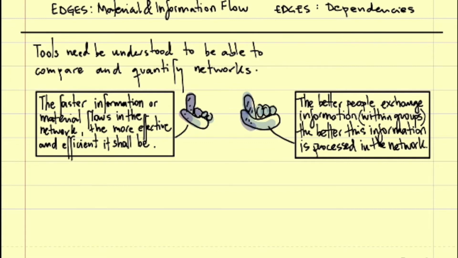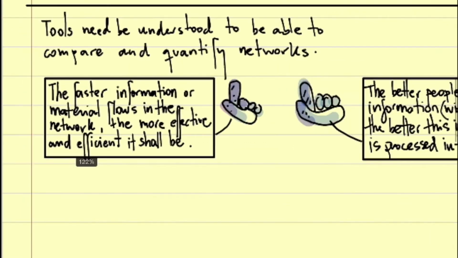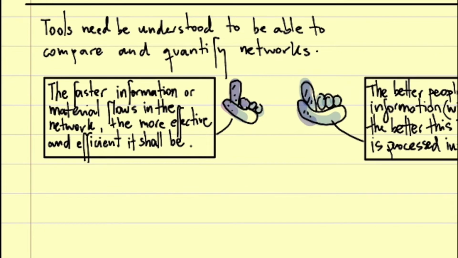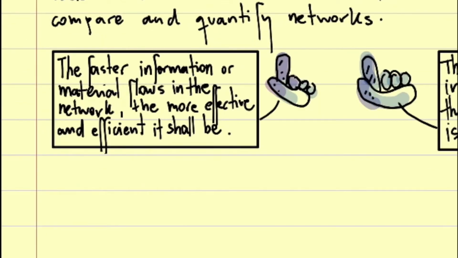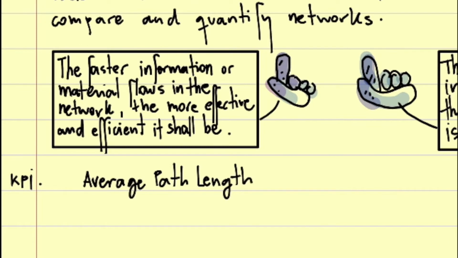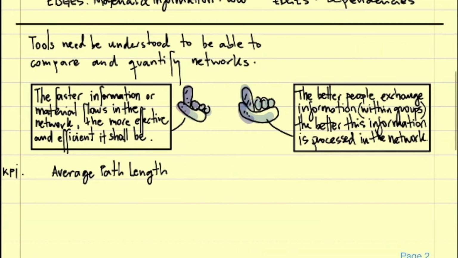Okay? So the first thing is about information flow and getting information from A to B, and this will be measured by two KPIs, key performance indicators. The first one is the average path length, and the second is the clustering coefficient.